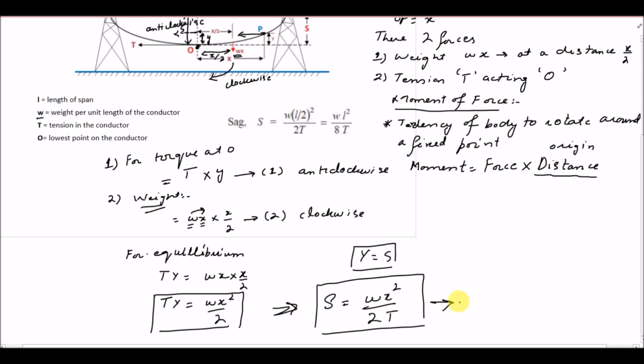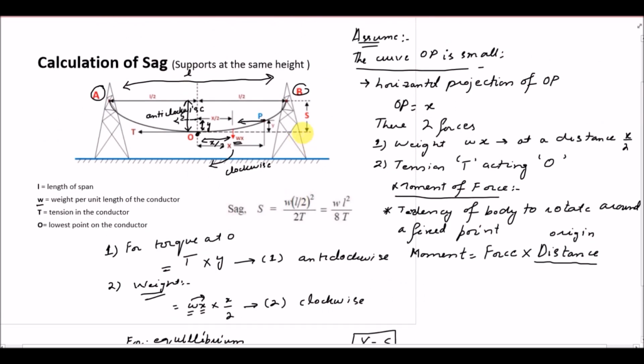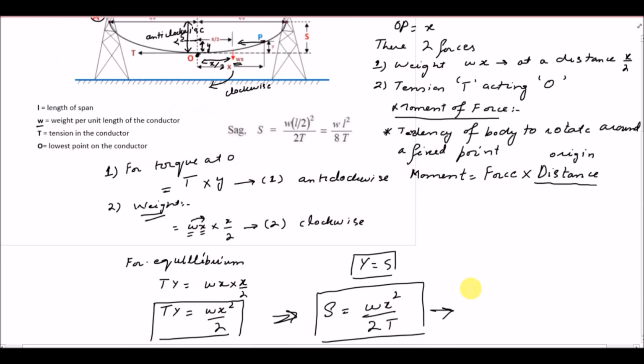Now in this particular case where the supports have the same height, if I have to calculate the sag, then we already know that y is equal to s, which is the sag, and x, if I have to define it, is the horizontal distance at which the conductor has the minimum height.